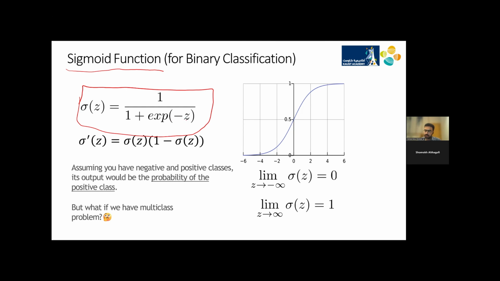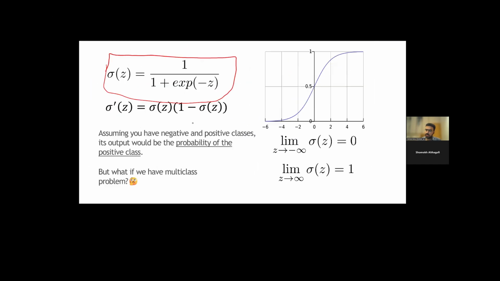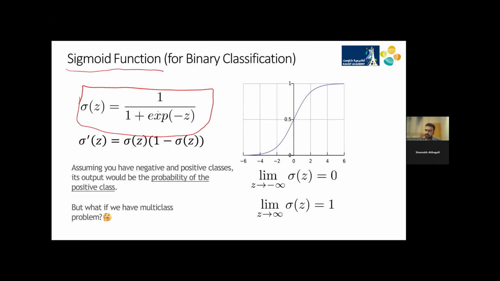We take the negative exponent of the value, add 1 to it, and then take the reciprocal. Why do we use this function? There are a number of reasons. For one, it uses the exponent function, which means that the differentiation would be quite simple. Second, if we set it up like this, we will always get a value between 0 and 1. I will come to that in a bit.